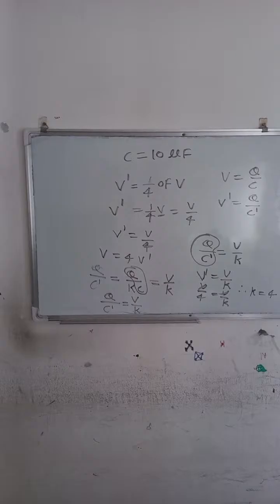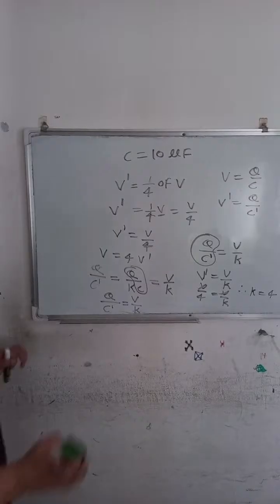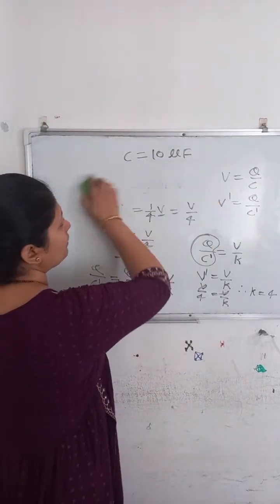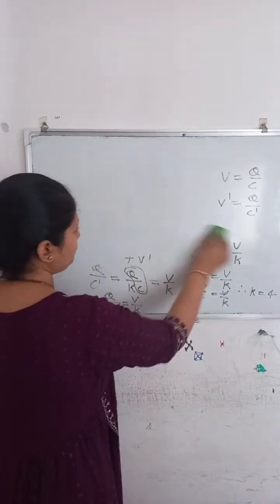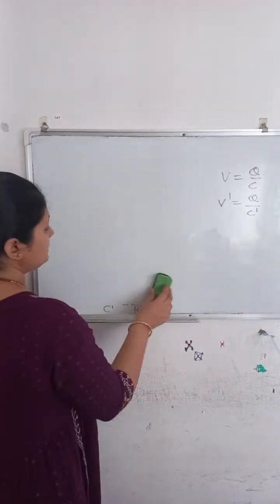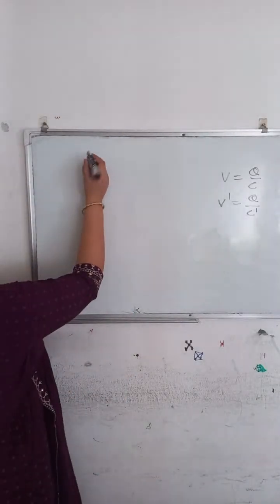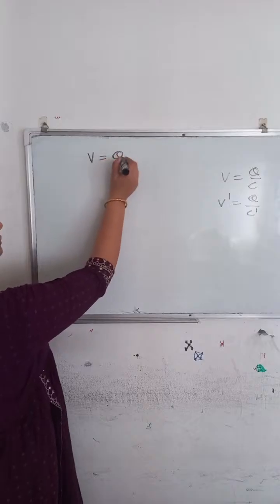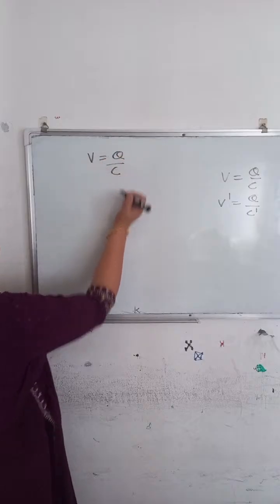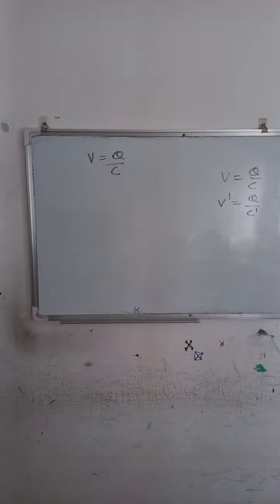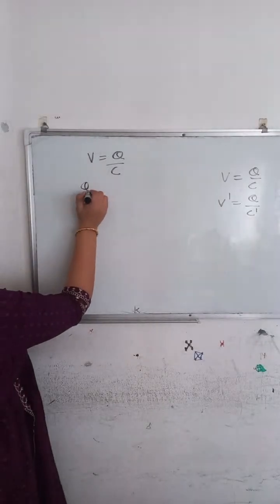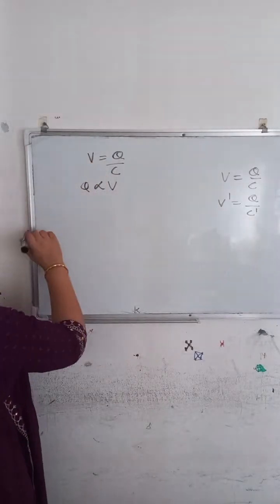We know that charge Q is directly proportional to the potential difference. At the beginning of this chapter, I told you that V is directly proportional to Q, that is Q by C. So the charge Q is directly proportional to V from this equation.